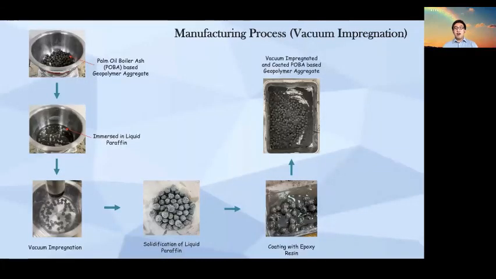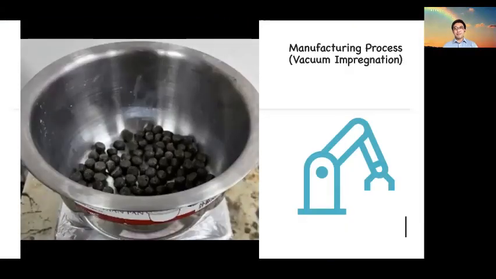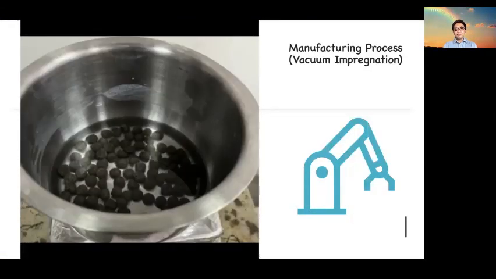There are two types of methods of modification. The first type is vacuum impregnation. Now, let me show you the video of the manufacturing process for vacuum impregnation. At first, POBA-based geopolymer aggregate was placed in the container, and the phase change material filled the container to cover the aggregate.